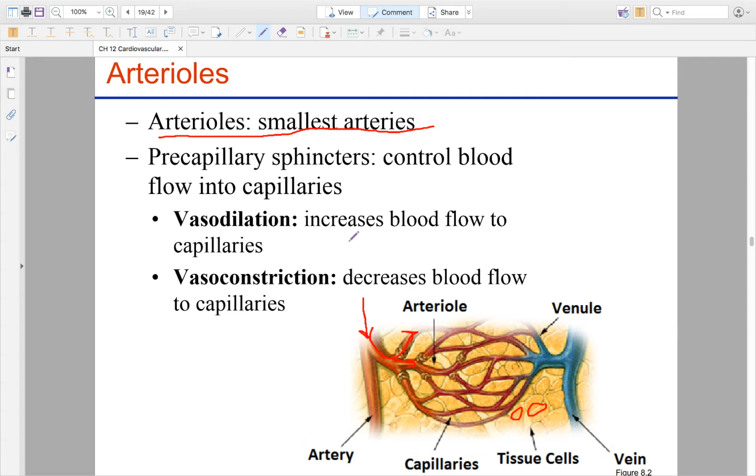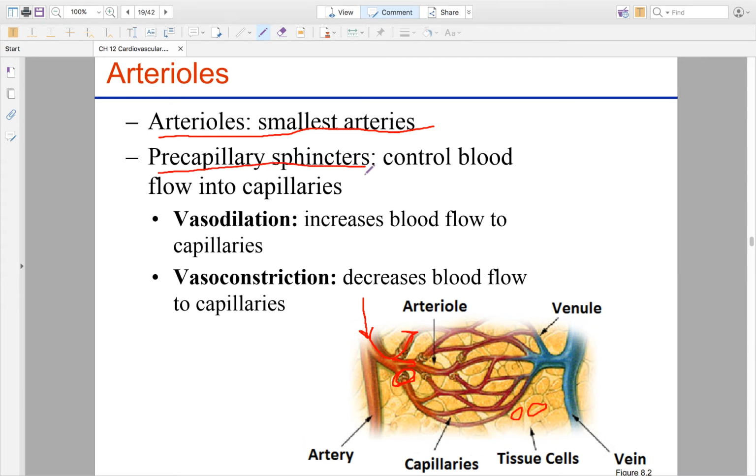And another thing is the whole cardiovascular system, especially the arteries, are highly regulated. We have these little tiny sphincters. See these little kind of circular shaped structures? Those are called precapillary sphincters.